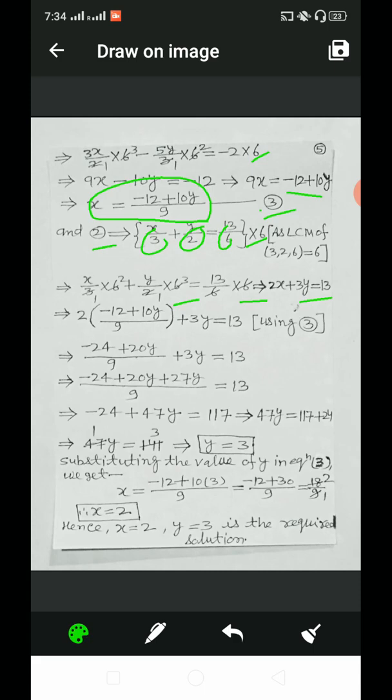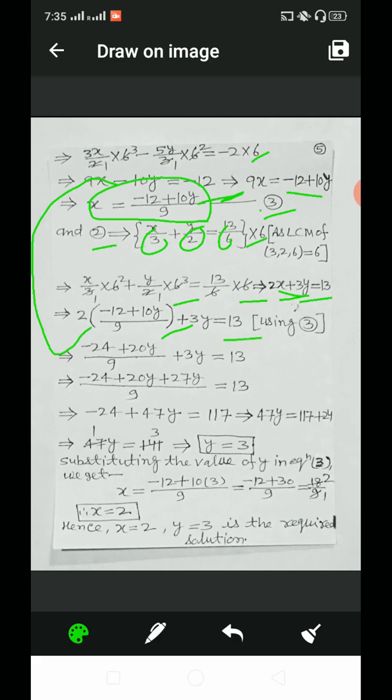From 3 the value of x is equal to minus 12 plus 10y by 9. Putting this value in the equation 2x plus 3y is equal to 13, we get 2 into minus 12 plus 10y by 9 plus 3y equal to 13.